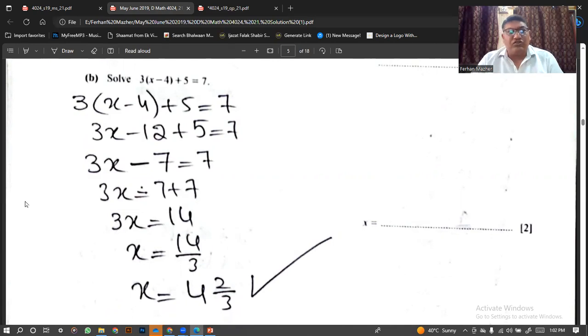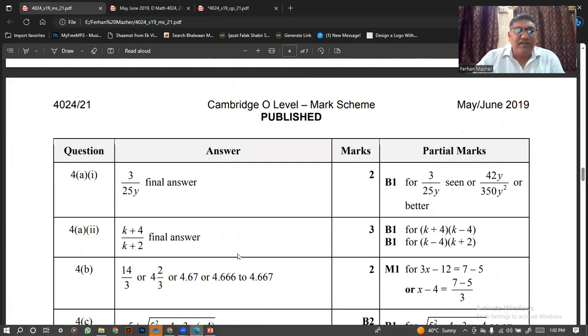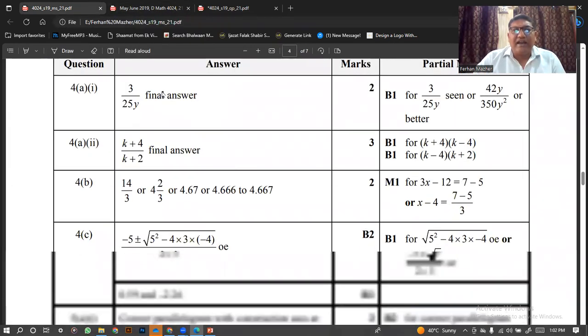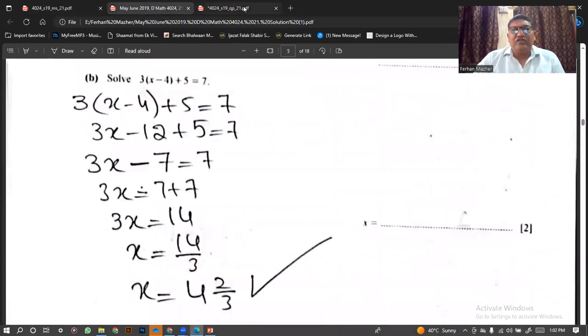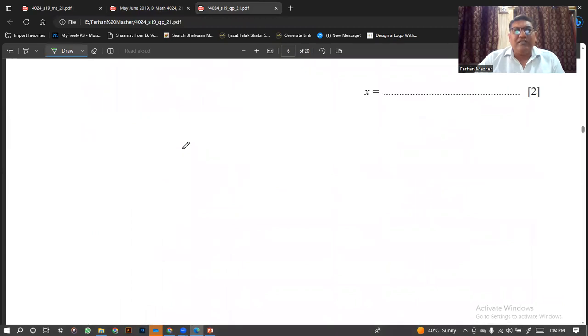So 3x will be equal to 7 plus 7, 3x equals 14. x will be equal to 14 divided by 3, and x will be equal to 4 whole 2 by 3. 4 whole 2 by 3, or 14 by 3, is the right answer, sir. Okay, then this is the solution of the B part.